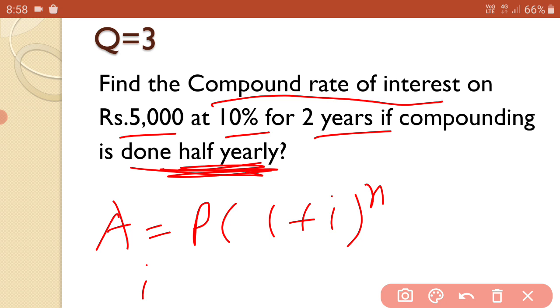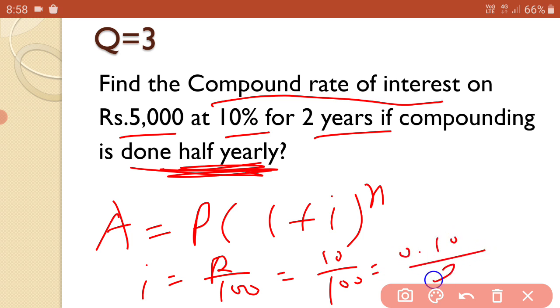But here, when you find i, R upon 100, suppose 10%, so 10 upon 100, 0.10, then divide by half yearly, meaning divide by 2. Why divide by 2?